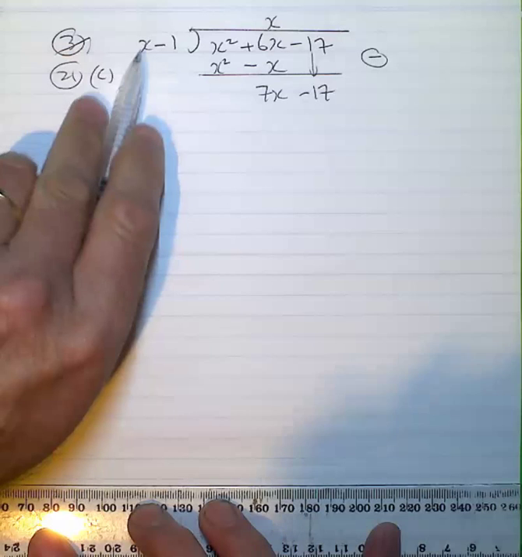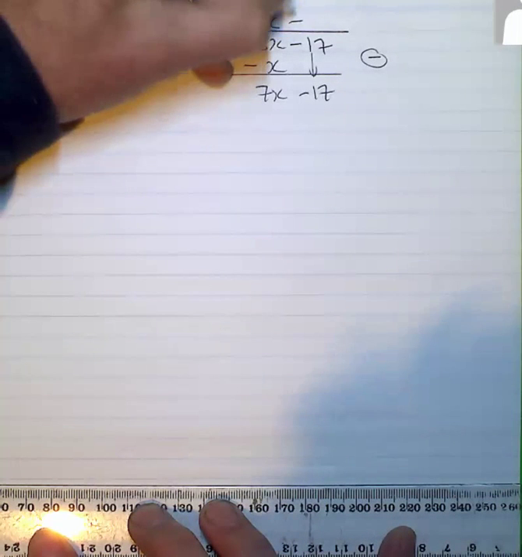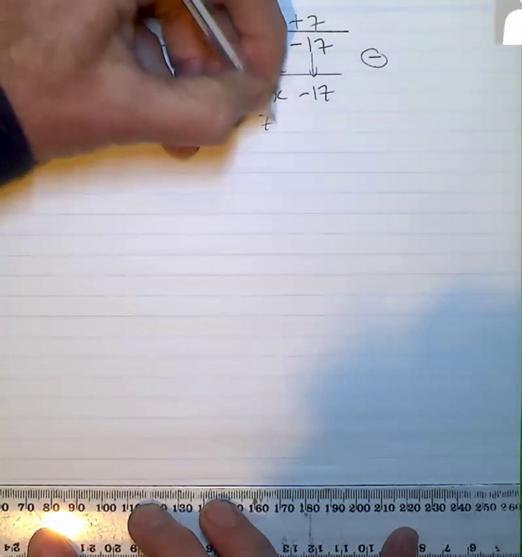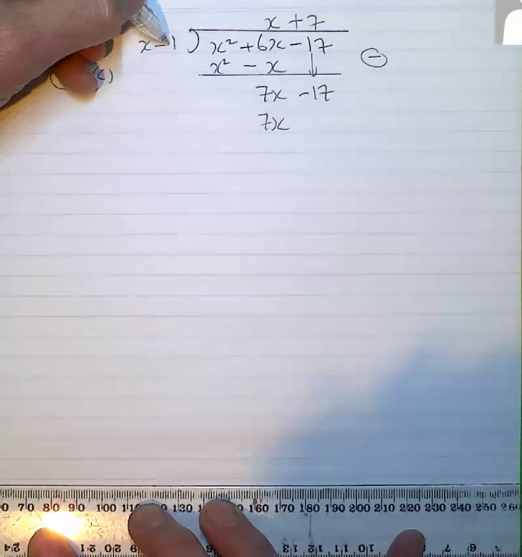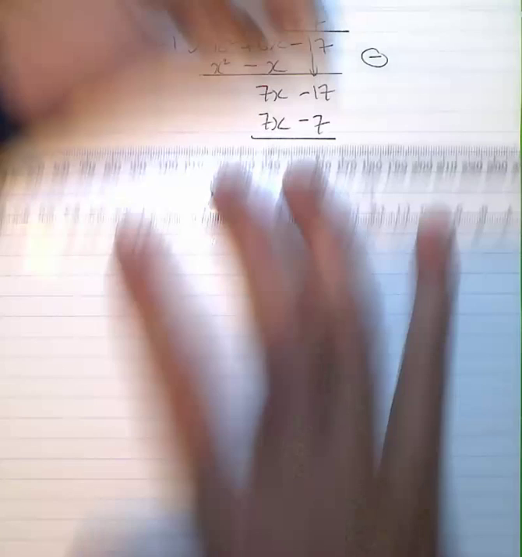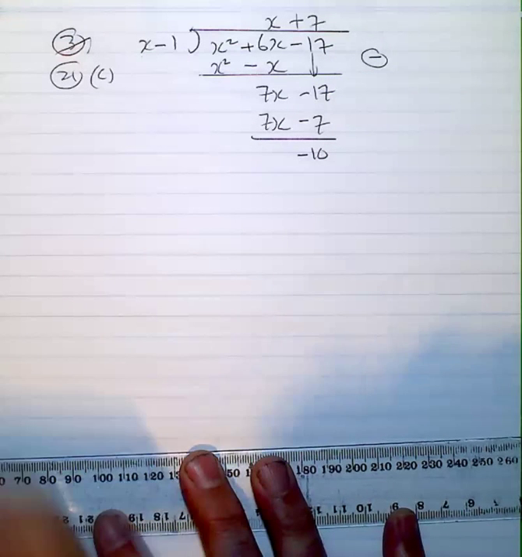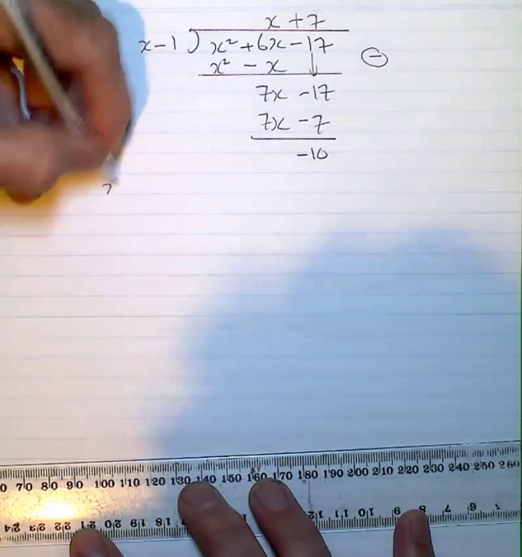I then ask myself, what do I multiply x by to get 7x? That will be a plus 7. And then negative 1 by 7 is negative 7. Subtracting down gives me a remainder of negative 10. So I'll write that out fully.